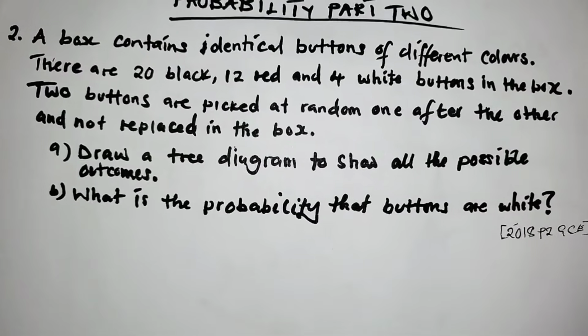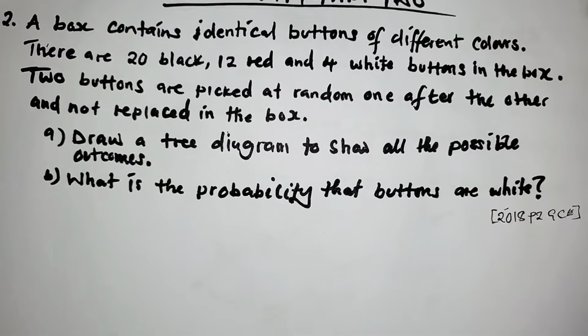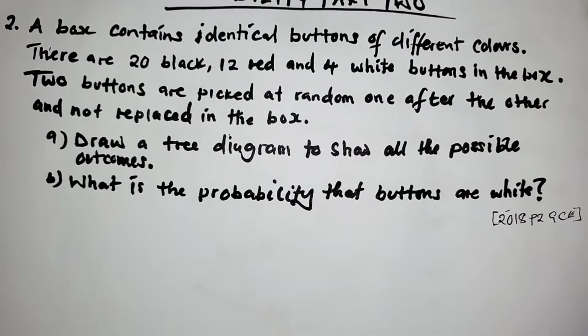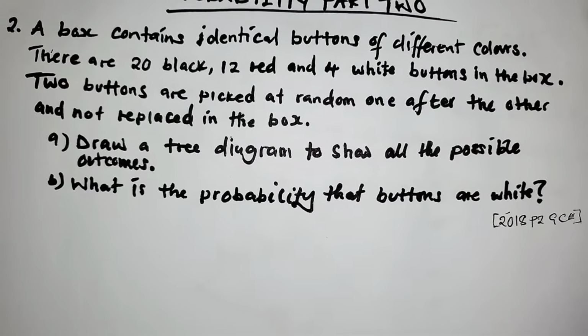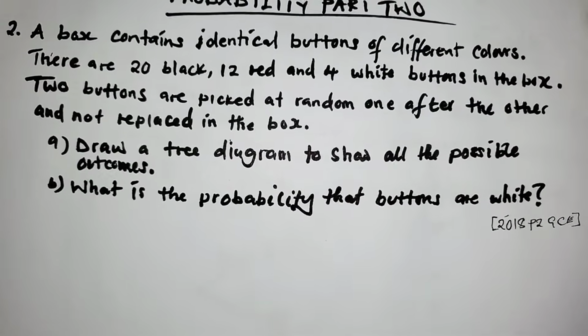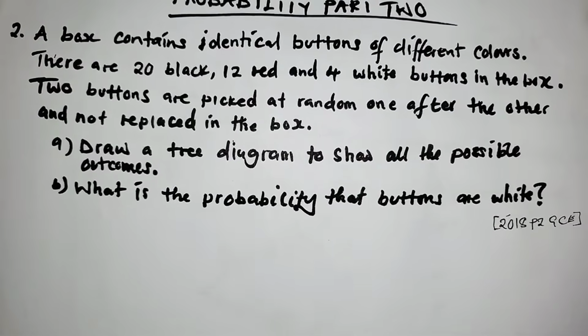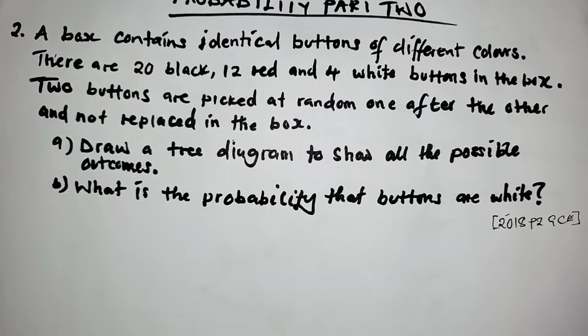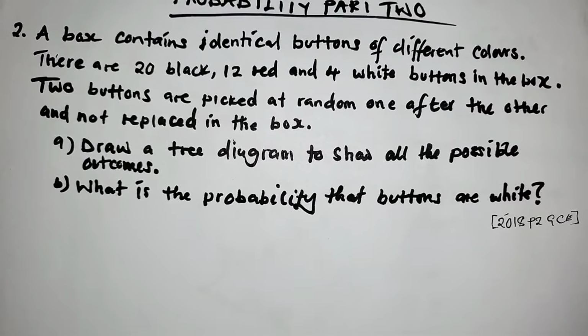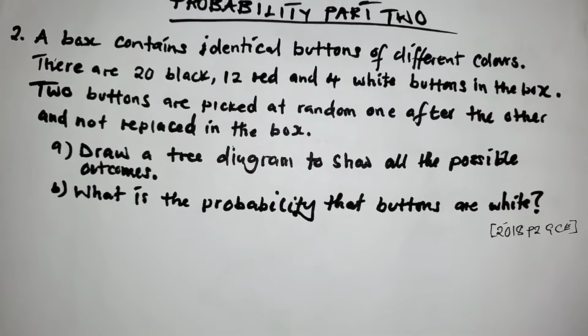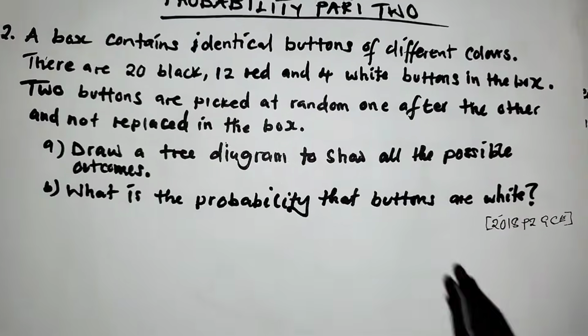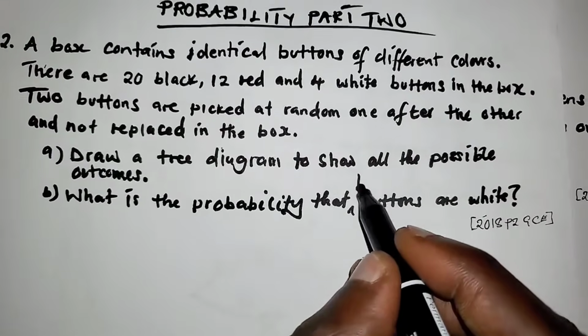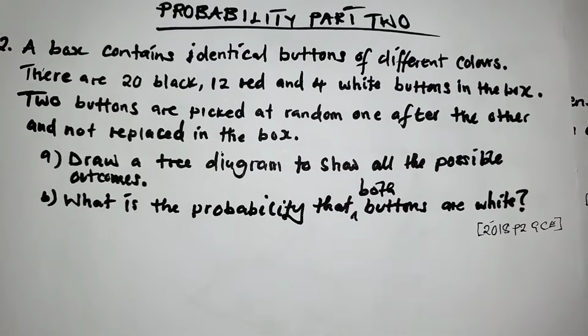Not replaced in the box. What's the question? Number 1, draw a tree diagram to show all the possible outcomes. Number 2, what is the probability that both buttons are white?